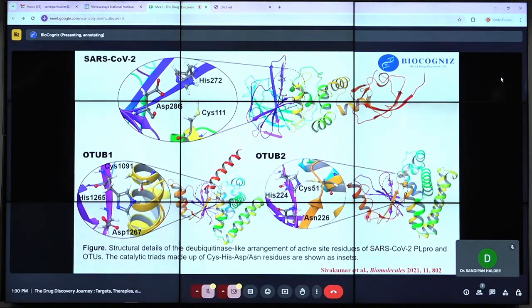But by targeting that, the untoward side effects come from also targeting normal, day-to-day significant proteins like OTB1 and OTB2. So we need to see this. When you design the inhibitor, we need to make sure it will not bind with OTB1 and OTB2, or should not be effective on them. So it must be selective for SARS-CoV-2.